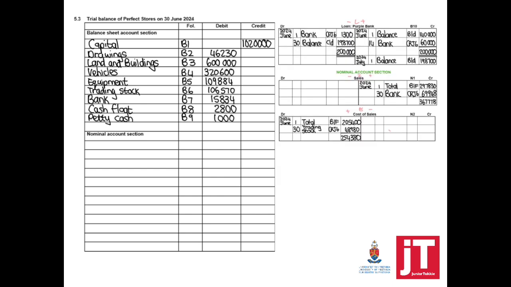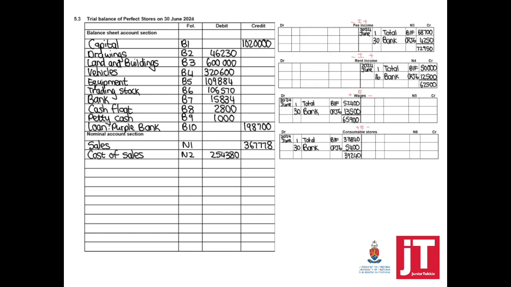Loan, my new balance is 198,700. Do not go and total the debit and the credit side. You first have to complete the nominal account section, and we started with sales, then cost of sales, our new totals, then fee income, rent income, wages, consumable stores.